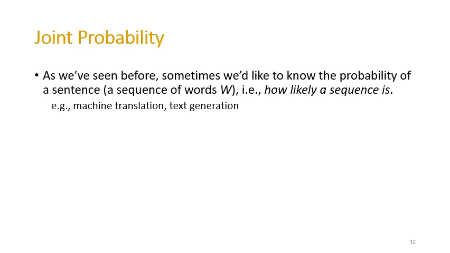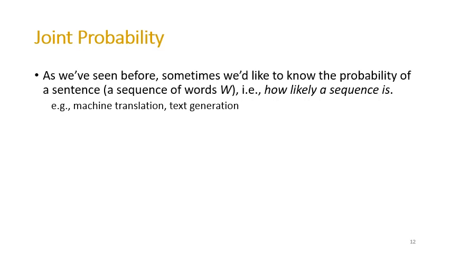Here I'm going to talk about the joint probability. We have seen before that sometimes we'd like to know the probability of a sentence or a sequence of words W, meaning we want to know how likely a sequence is. We've seen this in the example of machine translation.